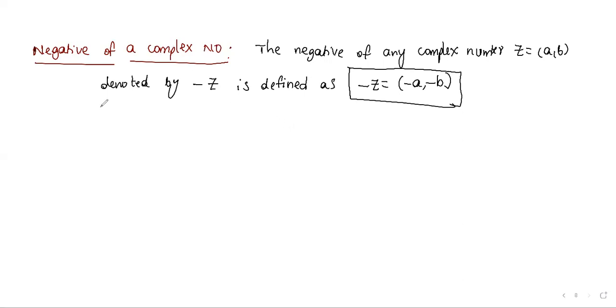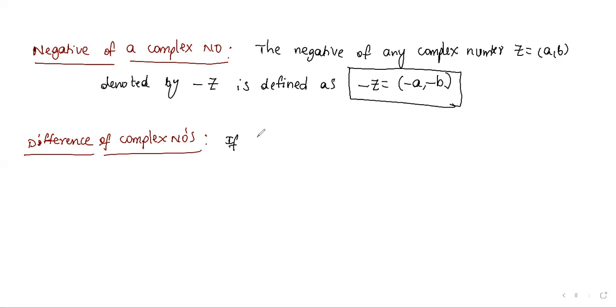And one more definition, difference of complex numbers. Difference means subtraction.